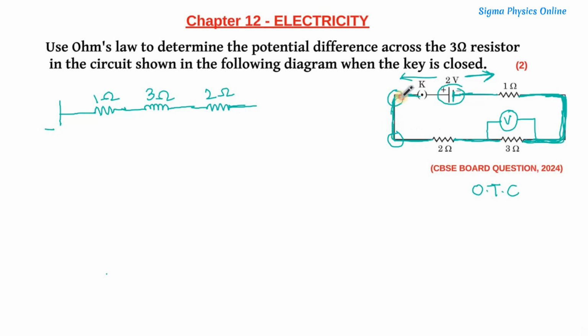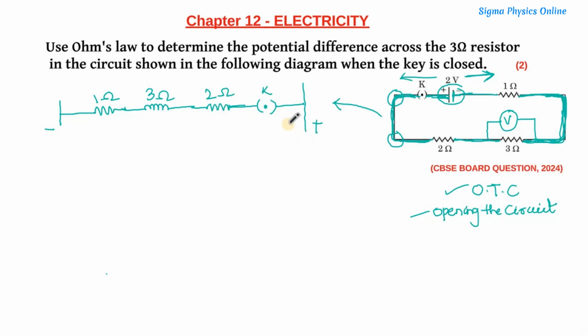So this wire goes, it bends and again bends, and it is connected to the key. So this is my key over here. Now the other end of the key is connected to the positive terminal of the battery. So this is the other end of the key K, and this is connected to the positive terminal of the battery.